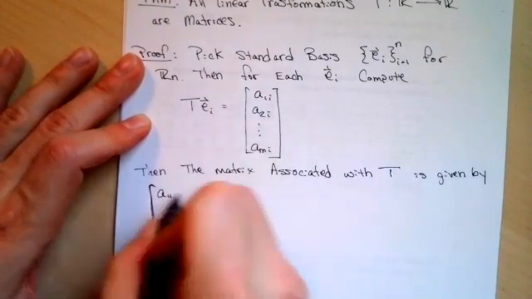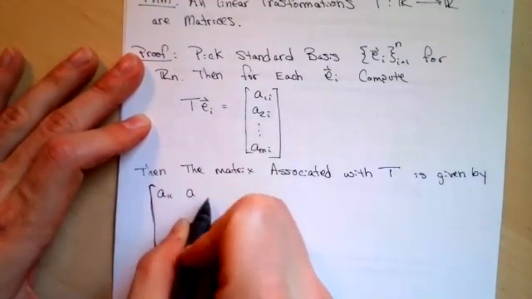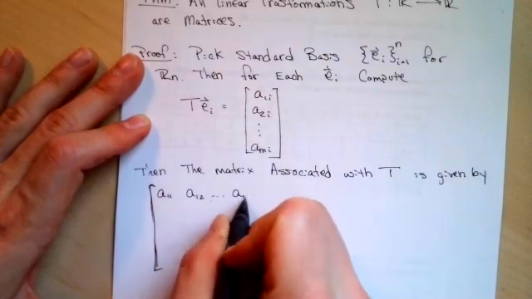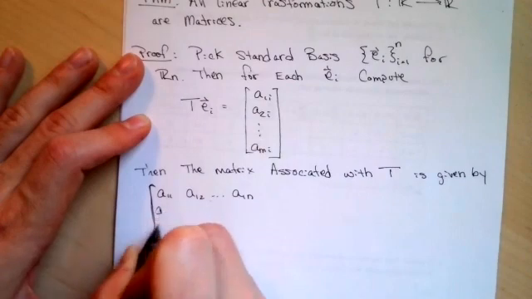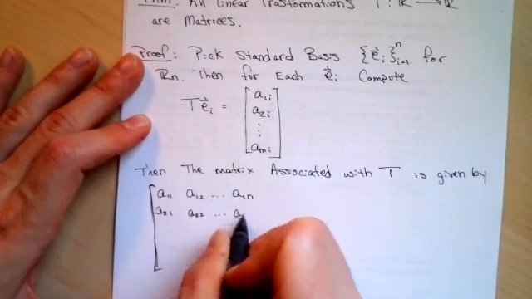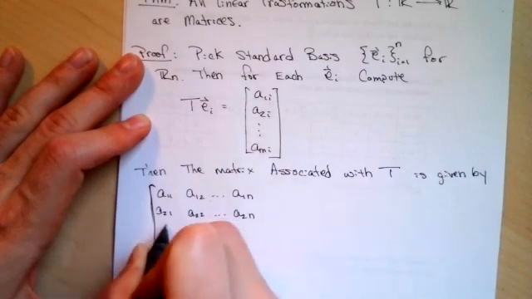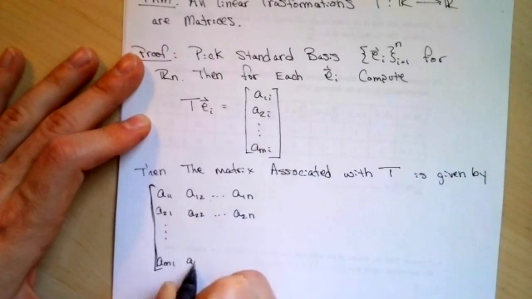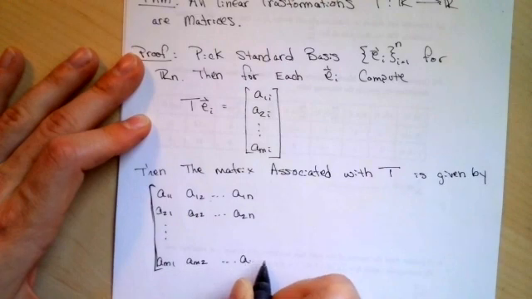So A11, A12, up to A1n, A21, A22, A2n, all the way down to Am1, Am2, Amn.